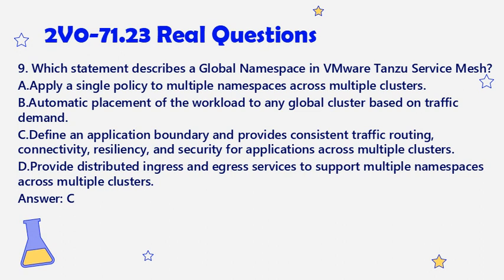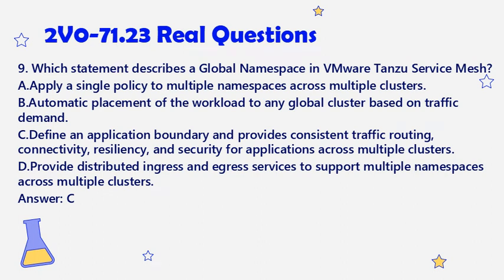9. Which statement describes a global namespace in VMware Tanzu Service Mesh? A. Apply a single policy to multiple namespaces across multiple clusters. B. Automatic placement of the workload to any global cluster based on traffic demand.